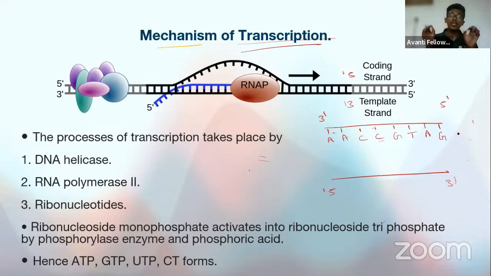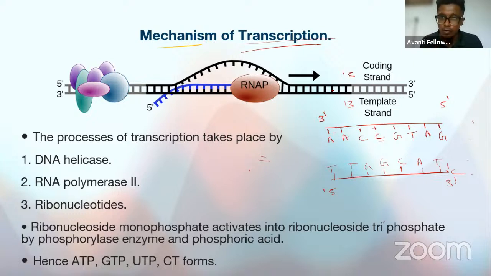These are the codes in the DNA of my template strand. And even in the coding strand, its complement code will be there: for A, T; here T, here G, here G, here C, here A, here T, here C. Now what will happen? I told you that here the synthesis of RNA will happen. How will the synthesis happen? By complementation. Now, in simple terms, what is transcription? Manufacture of RNA.